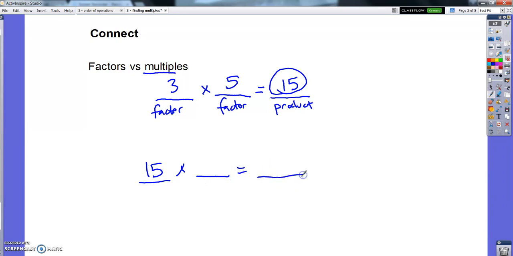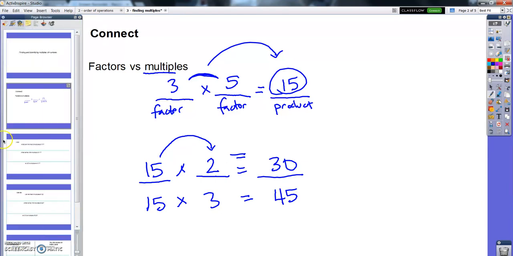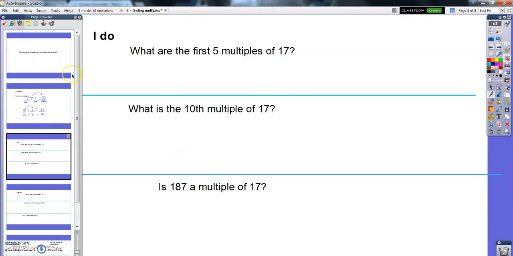So for instance, 30 is a multiple of 15 because 15 times 2 is 30. 45 is a multiple of 15 because 15 times 3 equals 45. So factors are numbers you can multiply to get the number, and multiples are numbers you can get by taking that number and multiplying it by something. So let's do some practice. They both relate to multiplying, but slightly different.